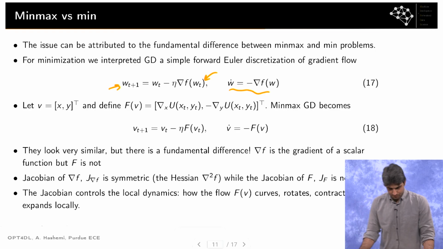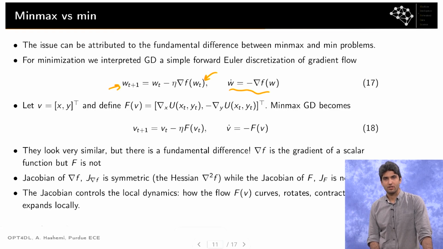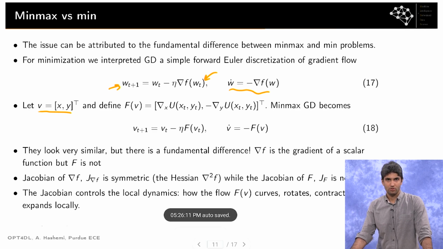Now next, let's also write down the updates for gradient descent ascent, which we talked about in terms of solving the min-max problem. Let us define this parameter v, which is a concatenation of the parameter of the generator x and the discriminator y.